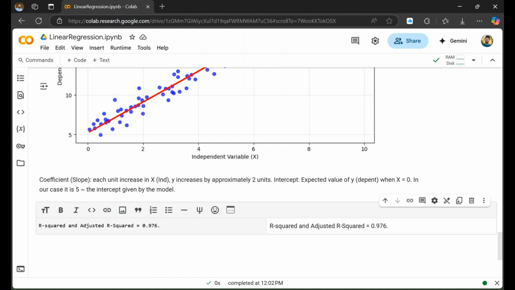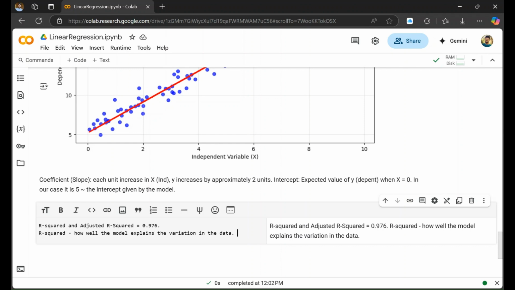This R square tells us how well the model explains the variation in the data.